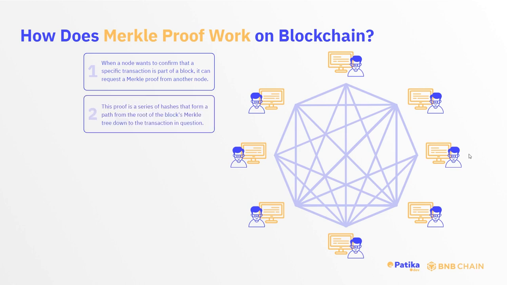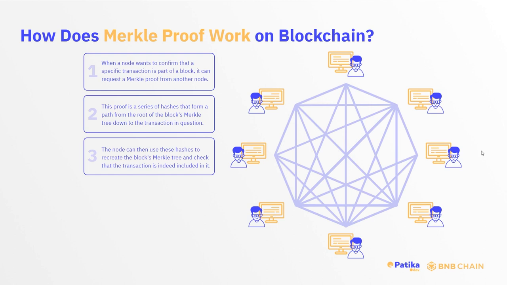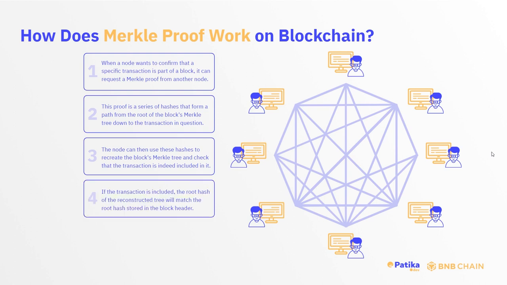This proof is a series of hashes that form a path from the root of the block's Merkle tree down to the transaction in question. The node can then use these hashes to recreate the block's Merkle tree and check that the transaction is indeed included in it. If the transaction is included, the root hash of the reconstructed tree will match the root hash stored in the block header.